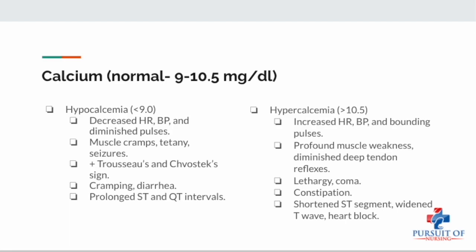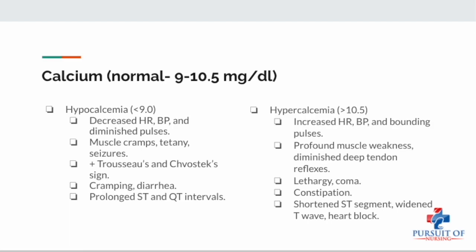So it's that involuntary spasm and contraction of the hands and wrist. And then the Chvostek sign is basically a twitch of the facial muscles that occurs when gently tapping the patient's cheek. So both of those are very characteristic of hypocalcemia.